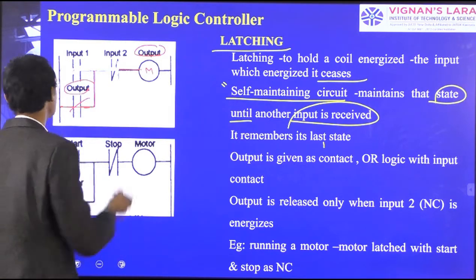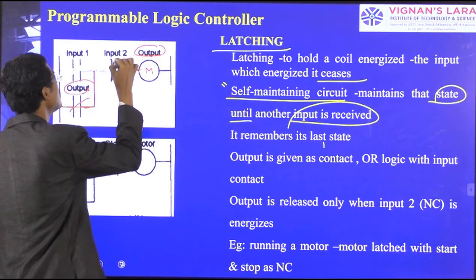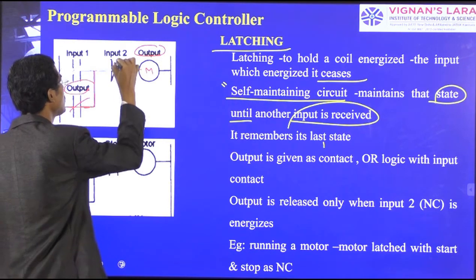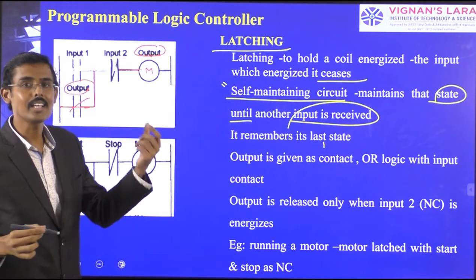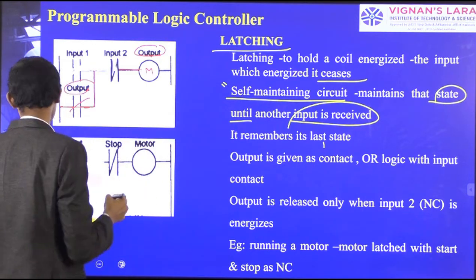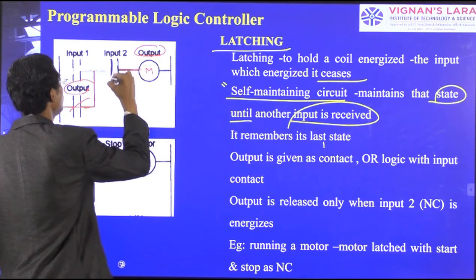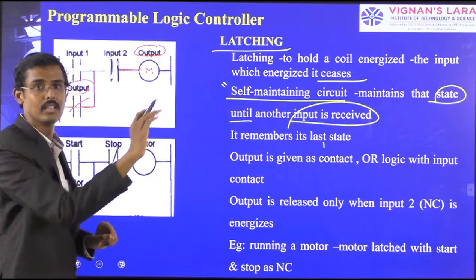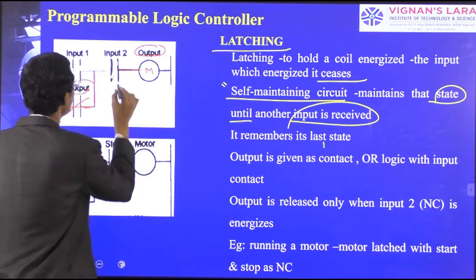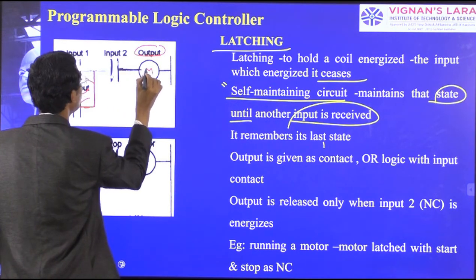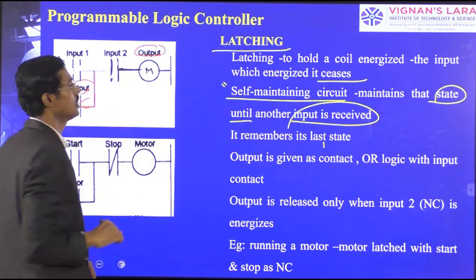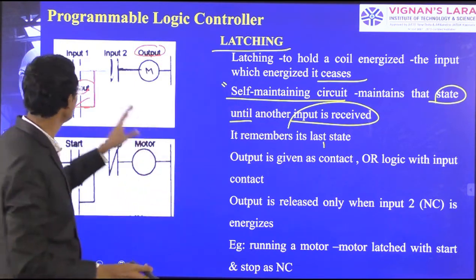There is no chance, it is plain, so it is not connected. The disconnection will happen and therefore the circuits are all not connected. So the motor won't run. This is how it will stop. So this is about latching.